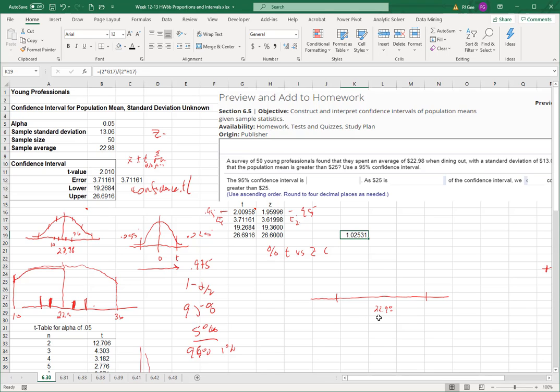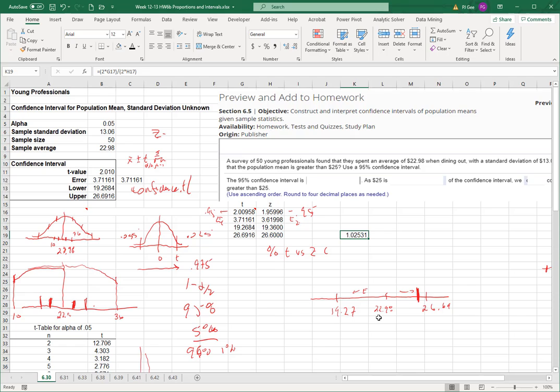Using the t, we got 19.27. And up here we got 26.69. These are just an error down this direction, this big E that we just calculated. They said, can we say that the population mean is greater than 25? So 25 is right here.